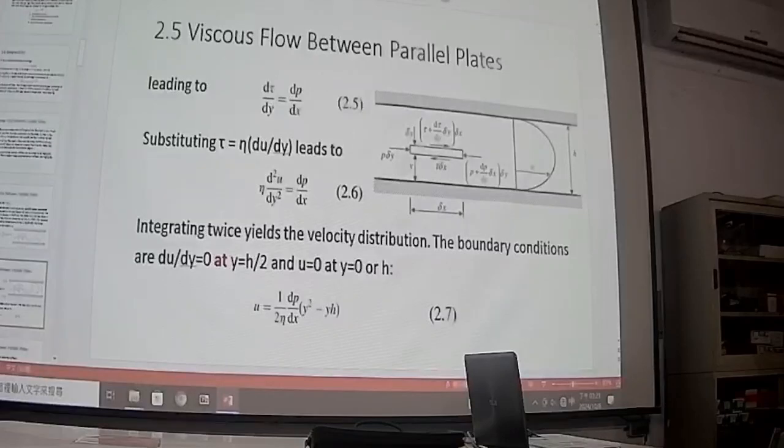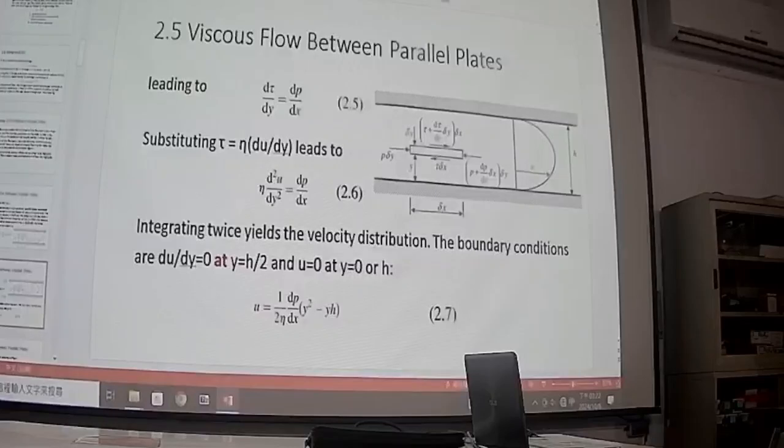And then you can also have the boundary condition. The boundary condition is velocity. The change of the velocity in the y direction is zero at the center. The center is y equals half of h. Okay. And also the velocity on the bottom and on the top is zero.